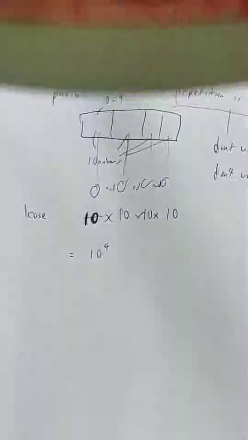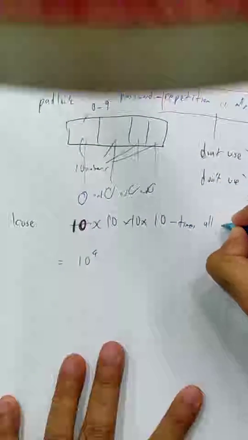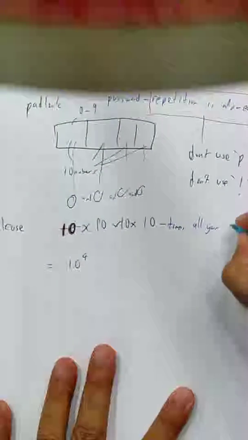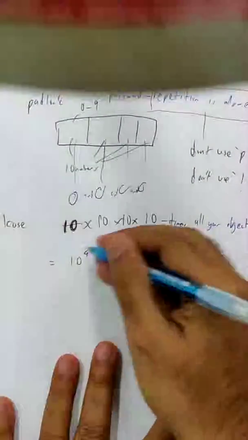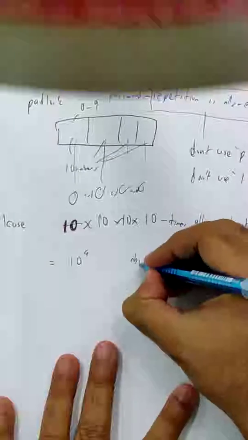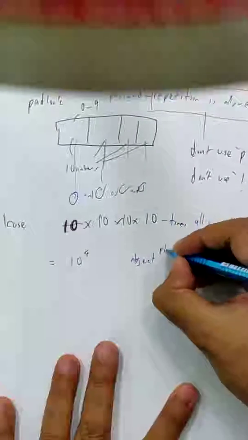You stick with the manual way. Either you times all your objects, or you might go to something like this: object to the power of place.